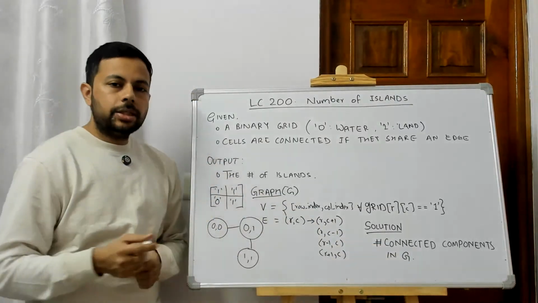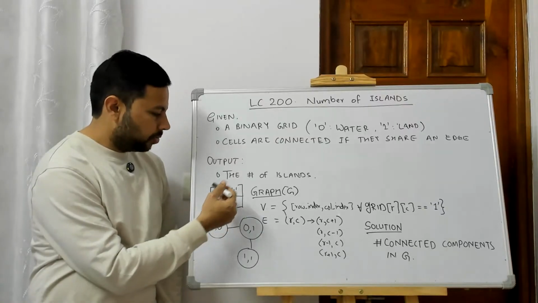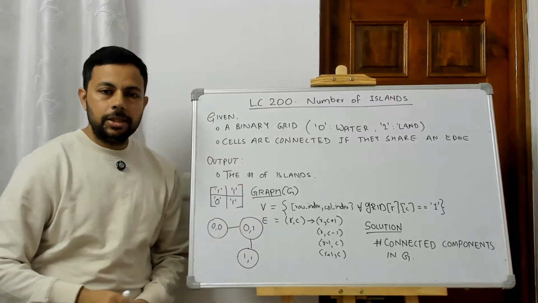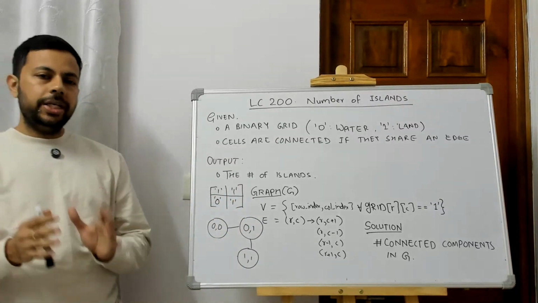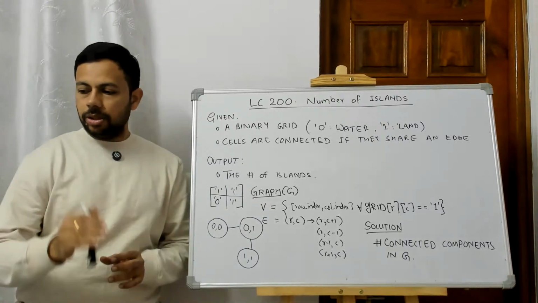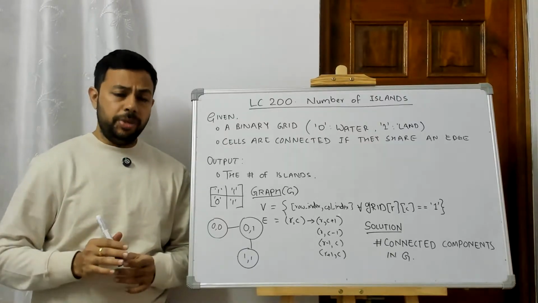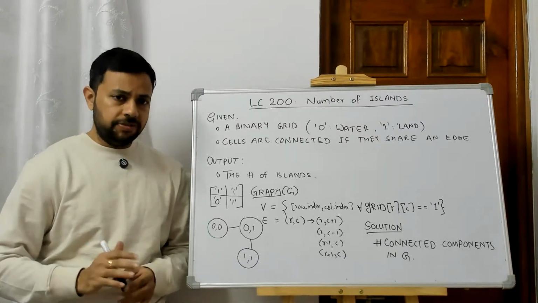The answer to that is do a DFS from each of the cells. Just maintain a visited array, and for every node that has not yet been visited, do a DFS.